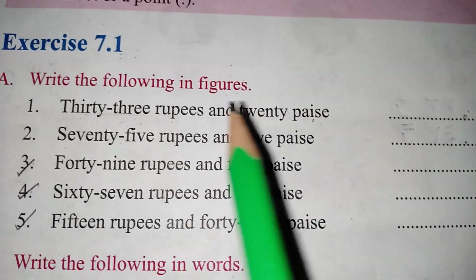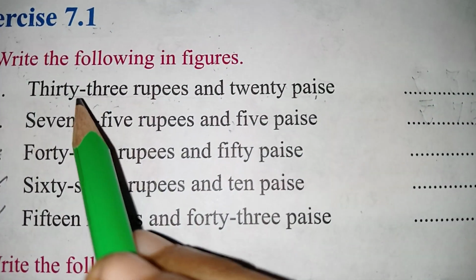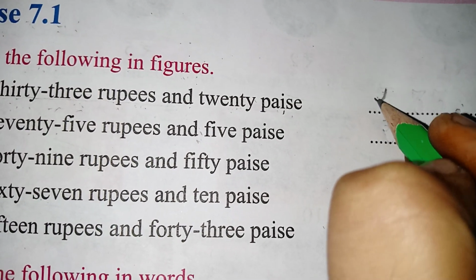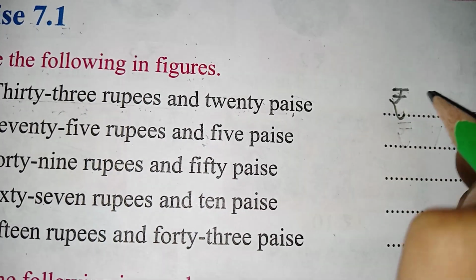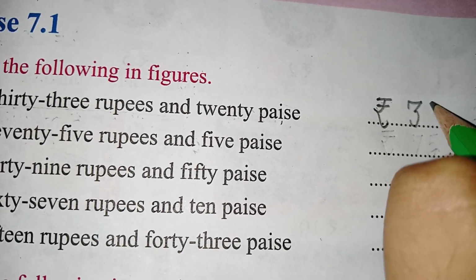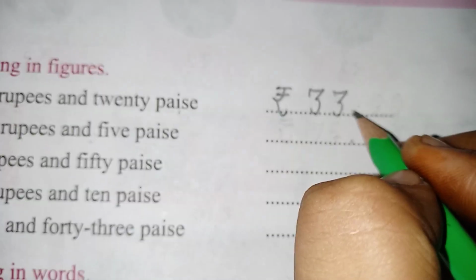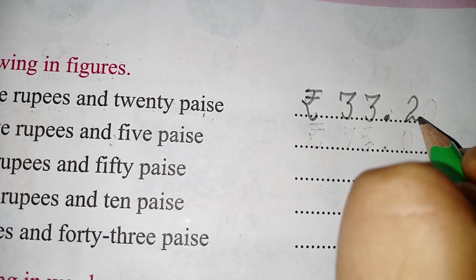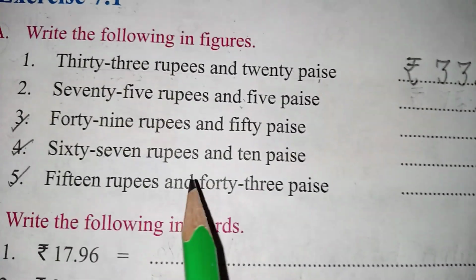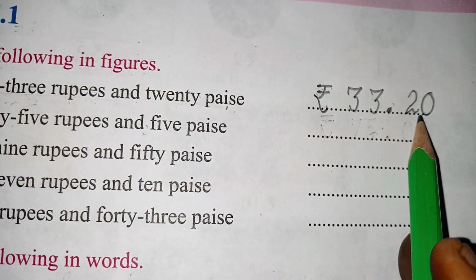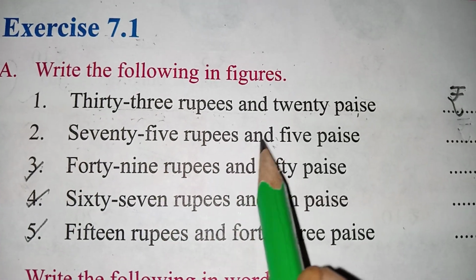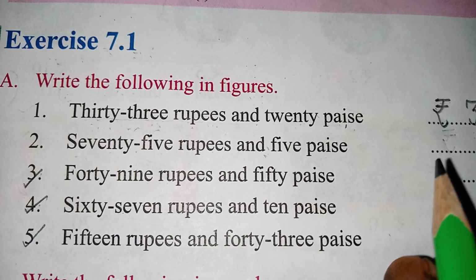So write the symbol of rupees 33 point 20 paise. Clear? Rupees 33.20. Clear?